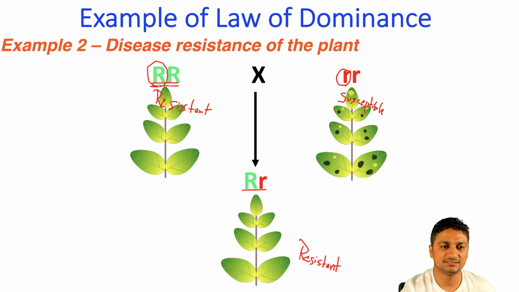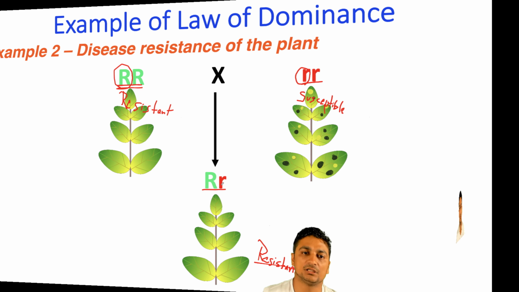This is dominant trait and this is recessive trait. So in the hybrid, after crossing those two parents, it will show a single trait, that is a resistant trait. So this capital R and small r will show resistant phenotype, and this disease resistance is called dominant trait, and the whole phenomenon is called dominance, and this is called law of dominance.